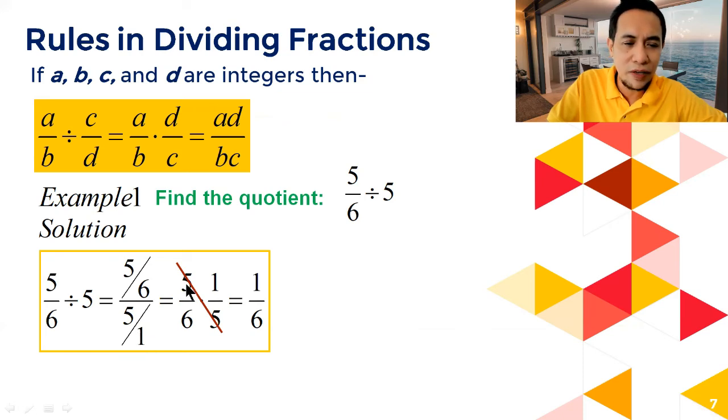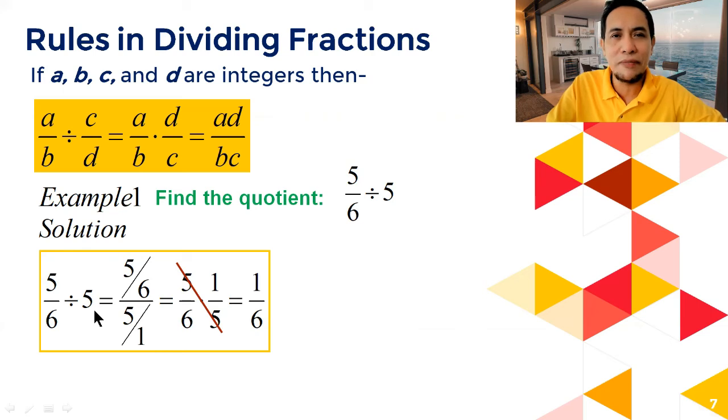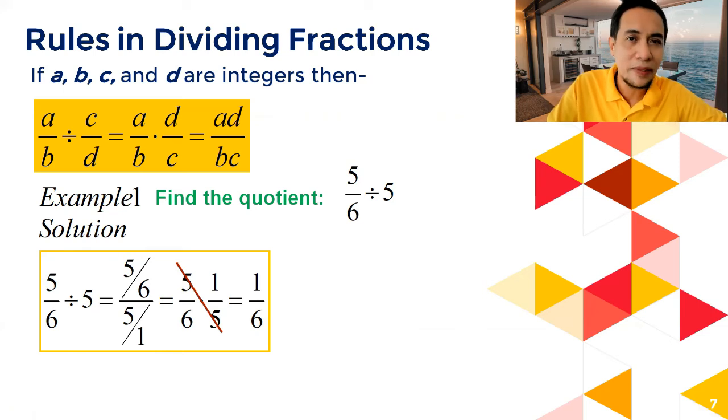So this is 5 over 6 multiplied by the reciprocal of 5. What is the reciprocal of 5? Of course, 1/5. So you can apply cancellation because in 5 over 6 times 1 over 5, you can cancel 5 and 5. Cancellation is division. You are dividing 5 by 5, so the quotient is 1. 1 times 1 is 1.